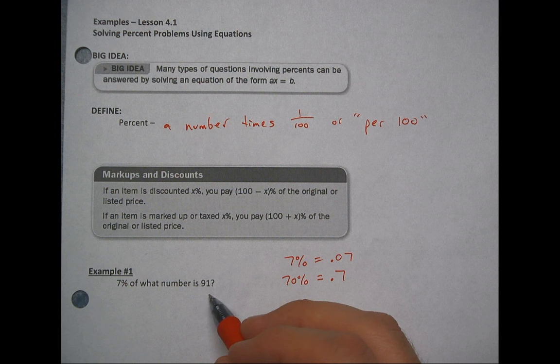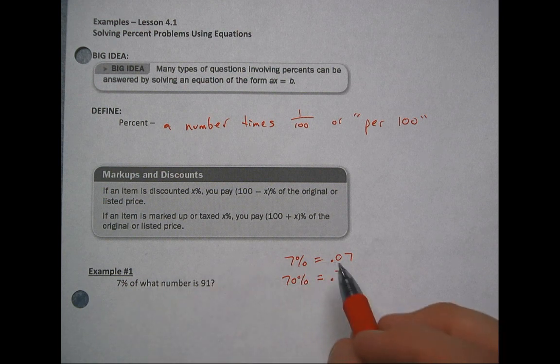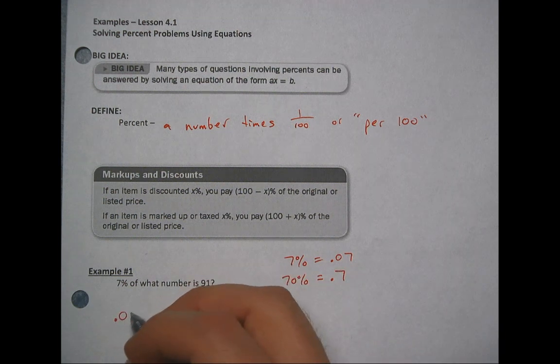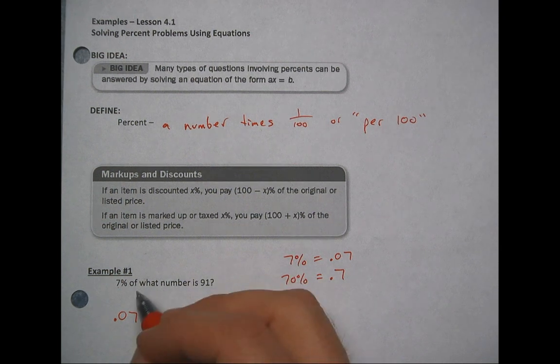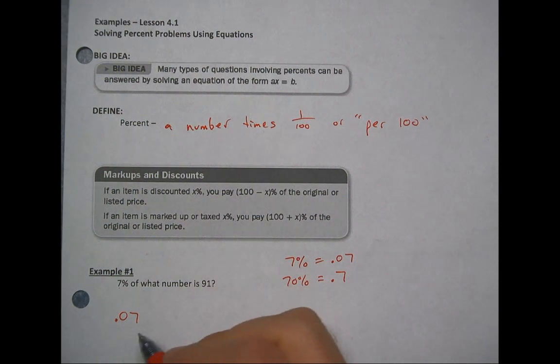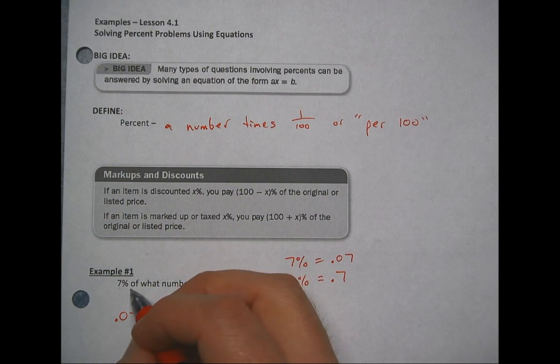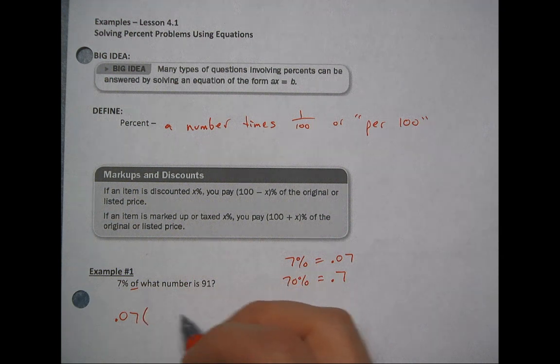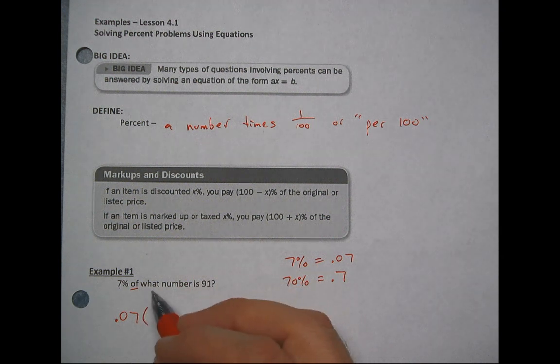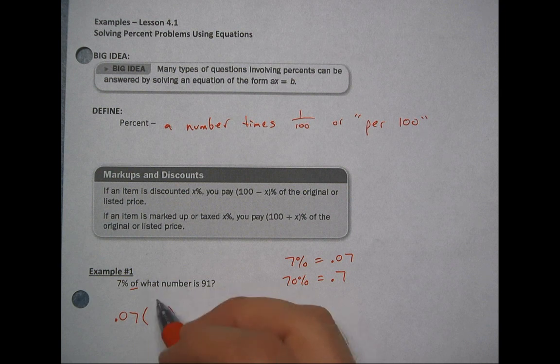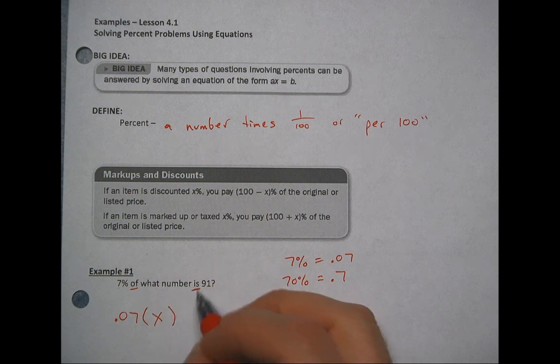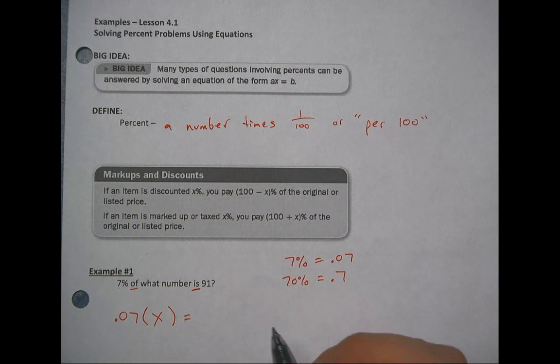All right, so when we write these, we're going to walk through it word for word and translate it. When I see 7%, I'm going to write 0.07. Then it says "of what number." When you want to find the percent of a number, you're multiplying. So when I see the word "of," I'm going to show multiplication. It says "what number." That's what we don't know, so that's going to be our variable. Let's put x in there. And when I see the word "is," I'm going to write equals 91.